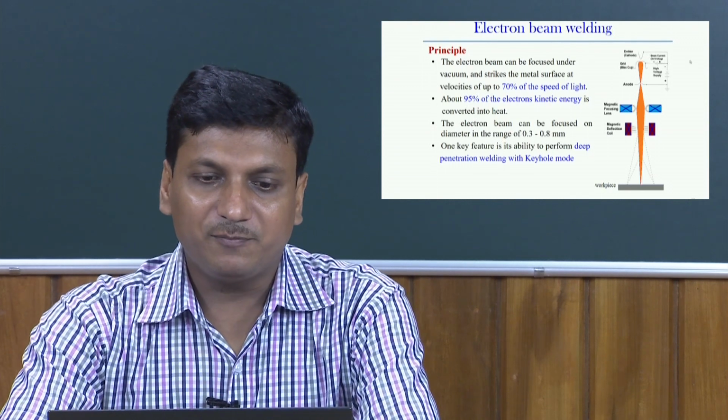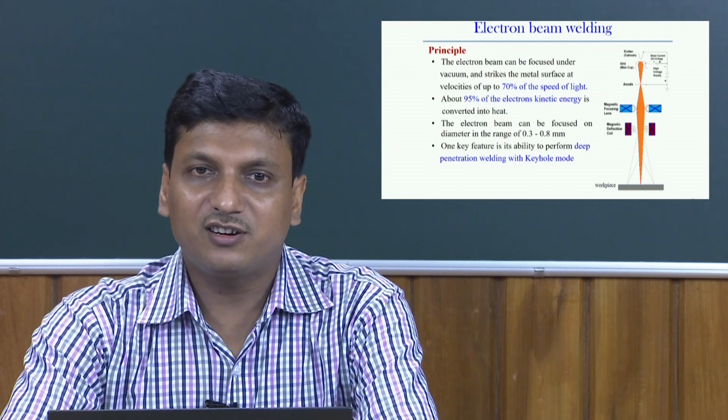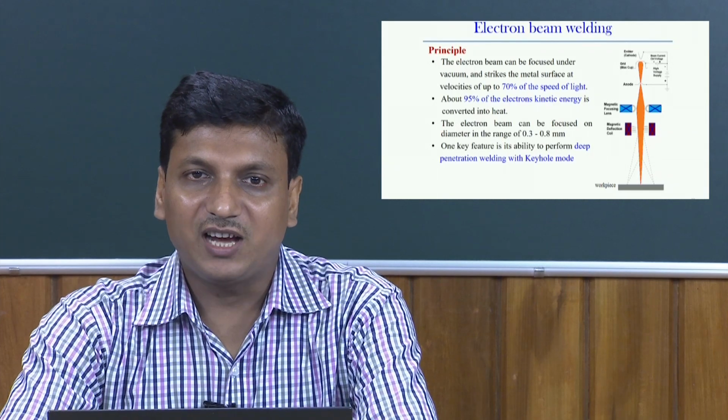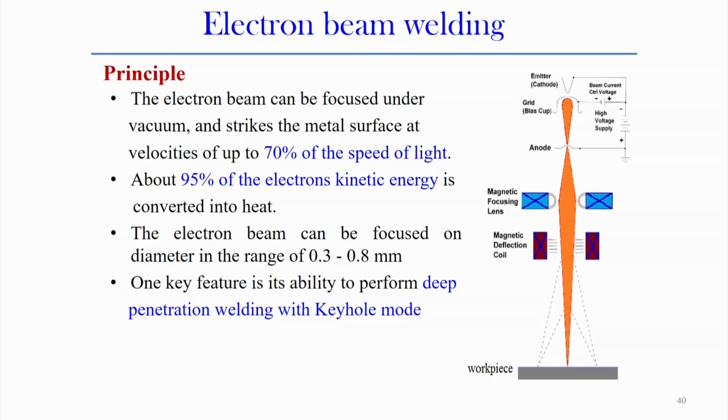In principle, the electron beam can be focused under vacuum, and it strikes the metal surface at a velocity of up to a maximum of 70% of the speed of light. With this speed, around 95% of the electron's kinetic energy is converted to heat energy.